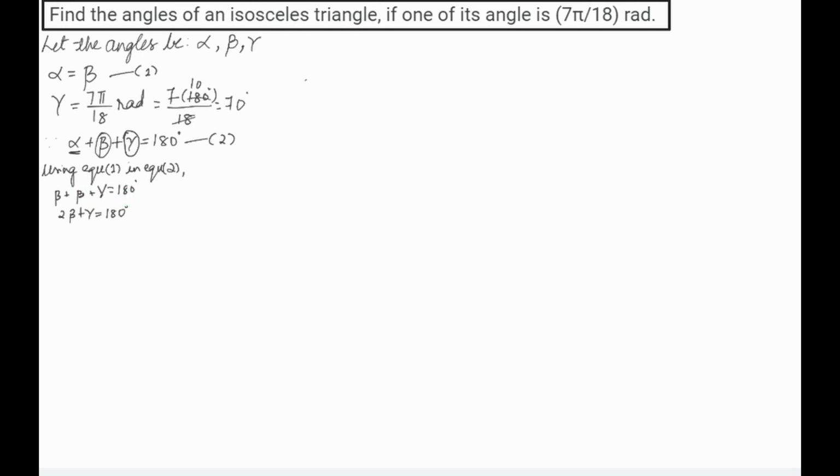So let this be equation 3. Next, when you substitute the value of gamma, that is 70 degrees, in equation 3, we can find the value of beta.